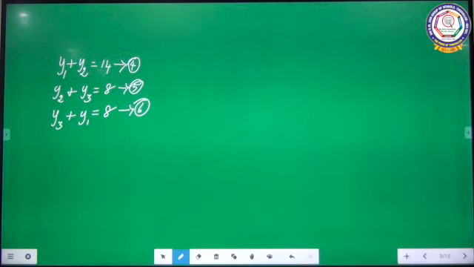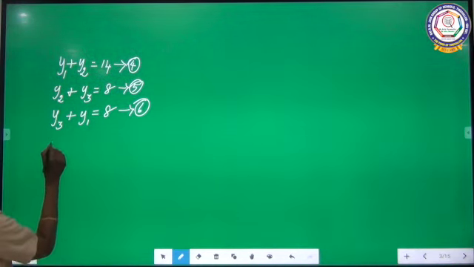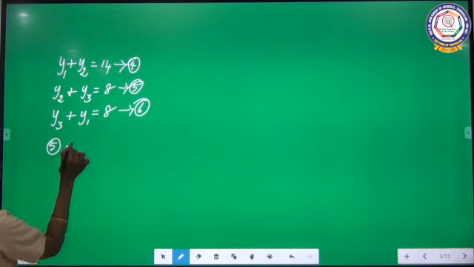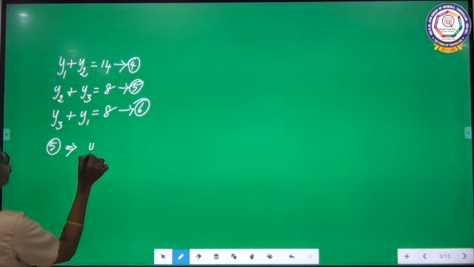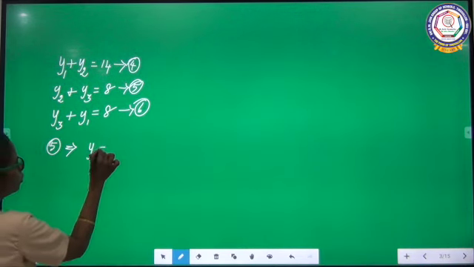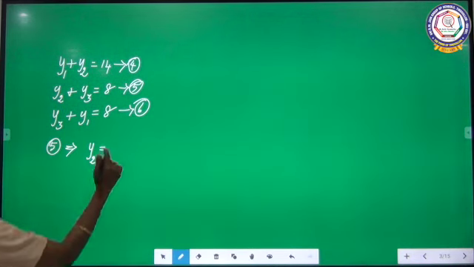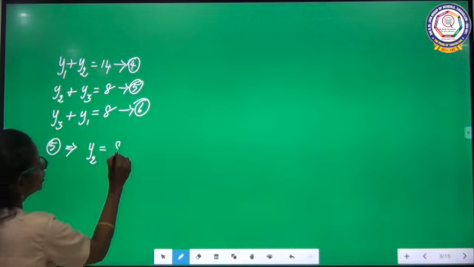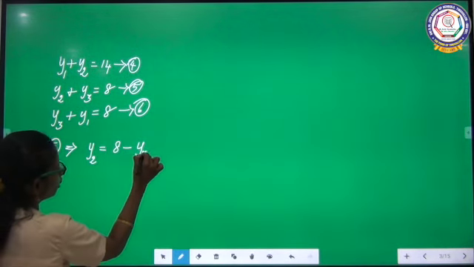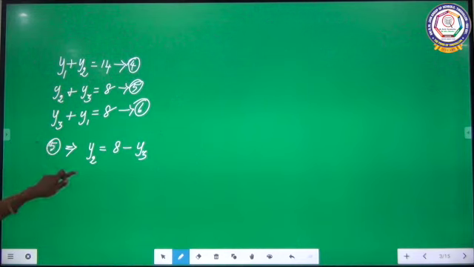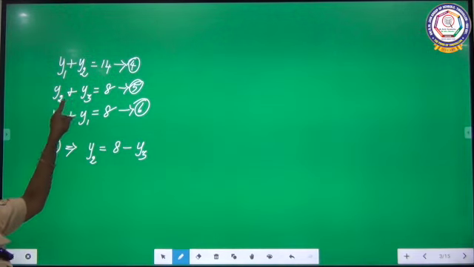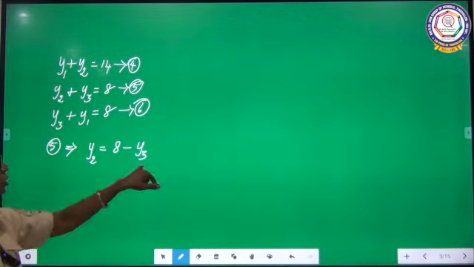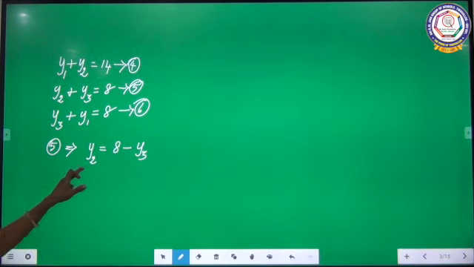Fourth you keep as such. 5 alone I am going to do the modification. y2 plus y3 equal to 8, y2 I am going to keep it in the left. y3 I am going to transform to the next side, that is 8 minus y3, right? y2 you keep it in the left, the plus y3 will move to that opposite side, it will act as negative. This one you are going to substitute in equation number 4, right?